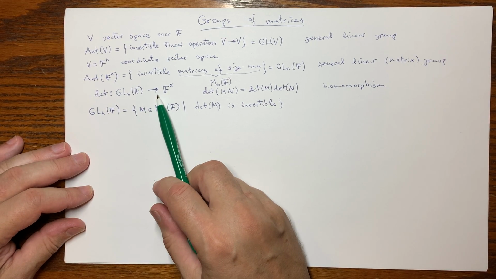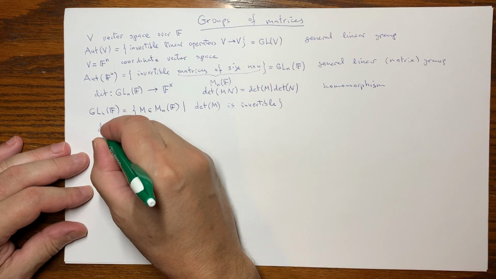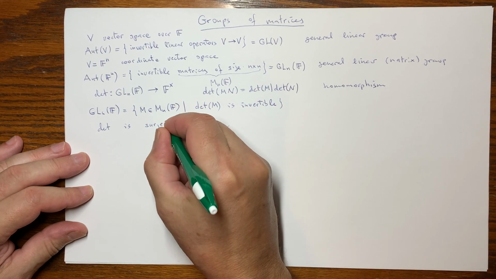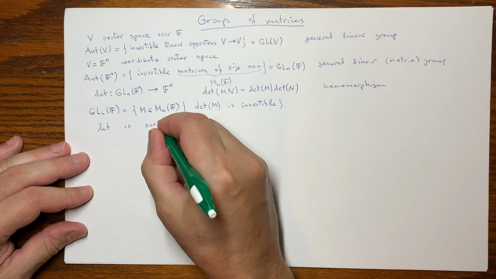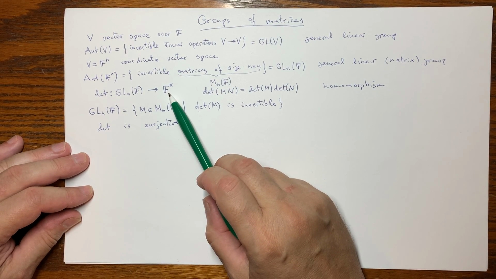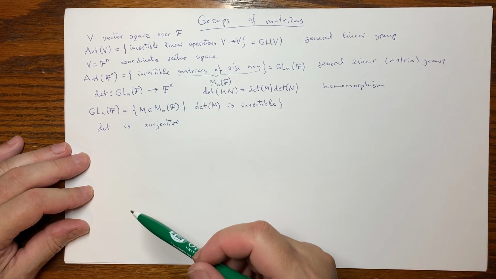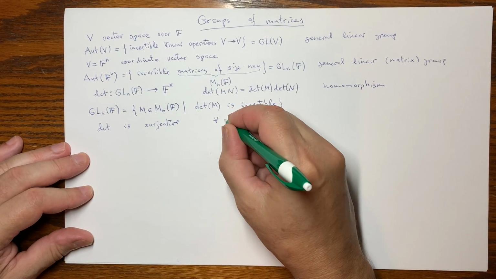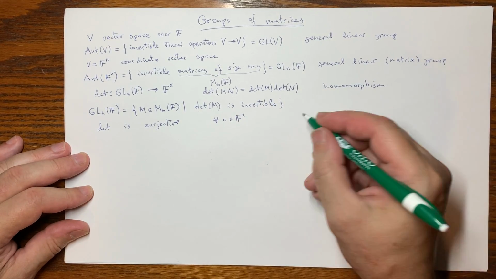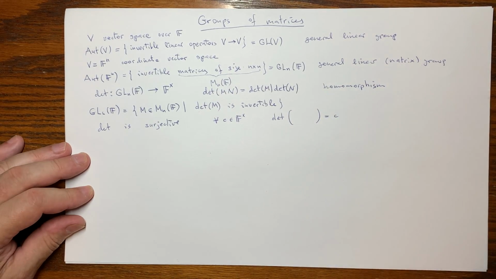We can look at whether it is surjective, and the answer is yes. Surjective means that any element in this group is the image of something in this one. In plain words, for any nonzero scalar, there should be a matrix with the determinant being just this number.